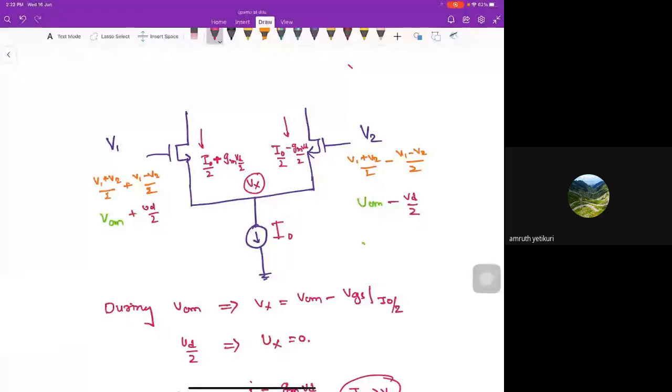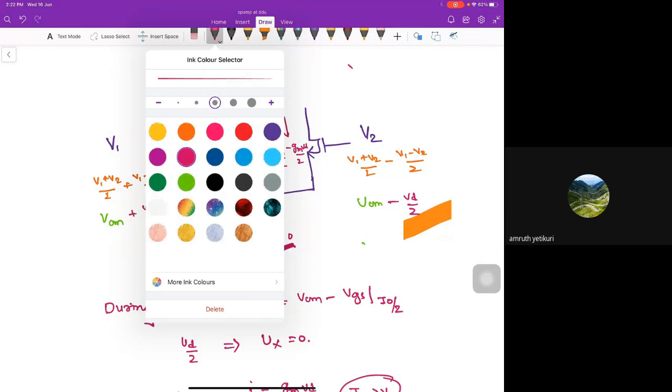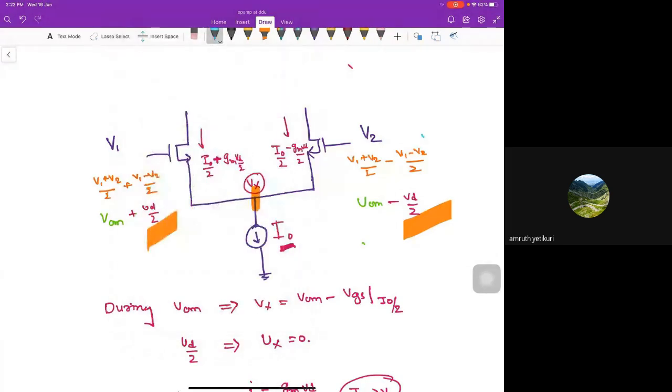Due to the VCM, when I apply it here, the same current I0 by 2 biases both transistors. But if we apply the differential signal, plus VD by 2 and minus VD by 2, I will get the current based on this node. Let's say my VD by 2 goes in this direction, and this one is minus VD by 2 going in this direction.